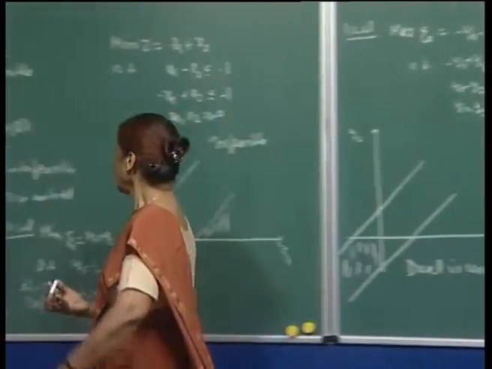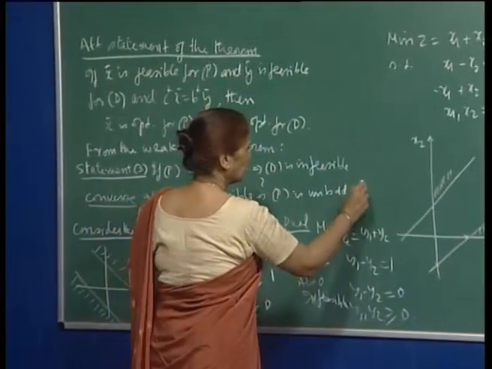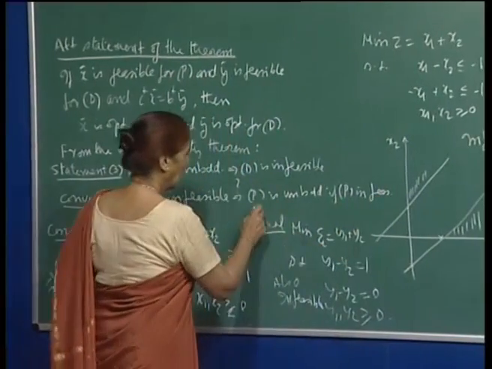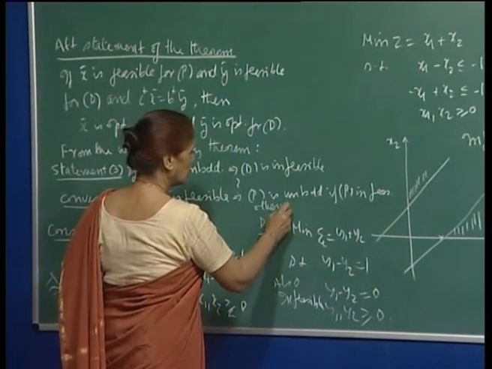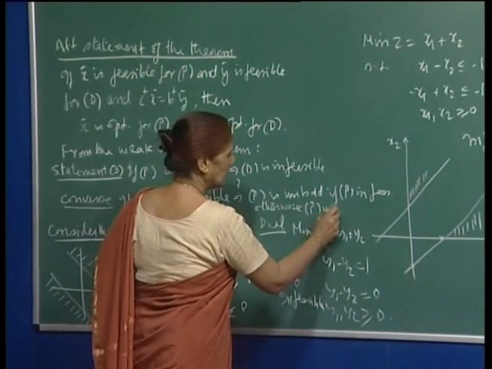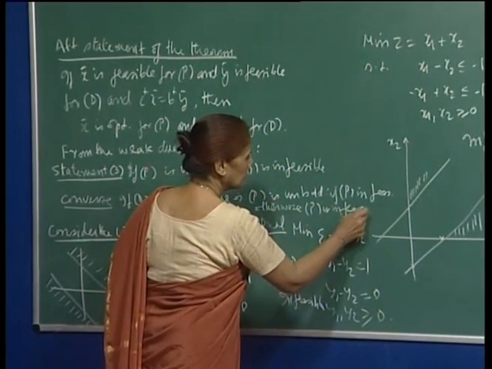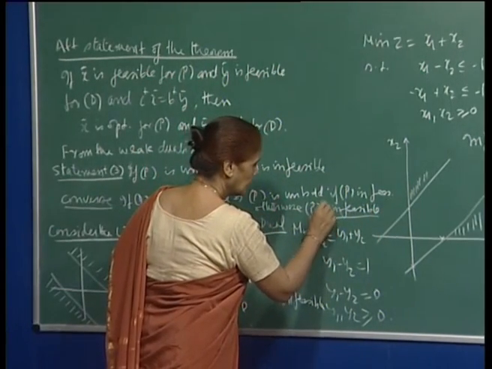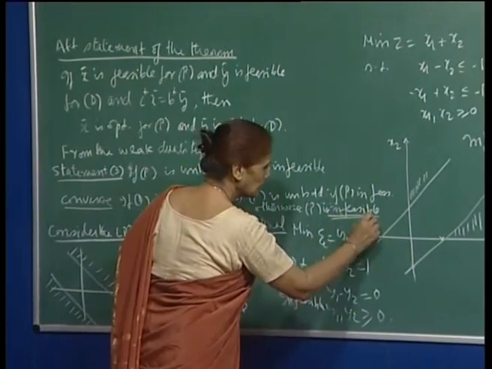So, we will write that P is unbounded if P is feasible. Otherwise, P is infeasible.